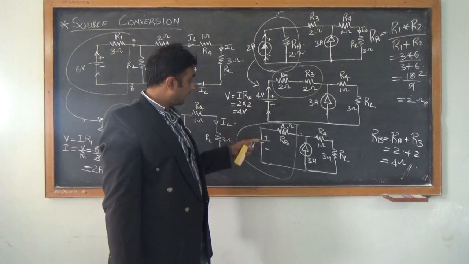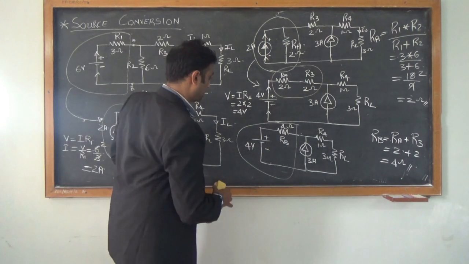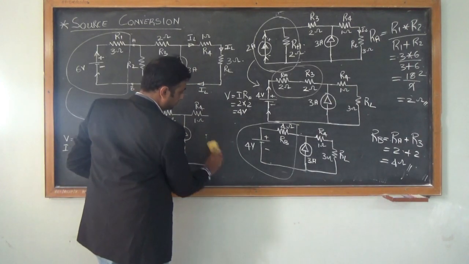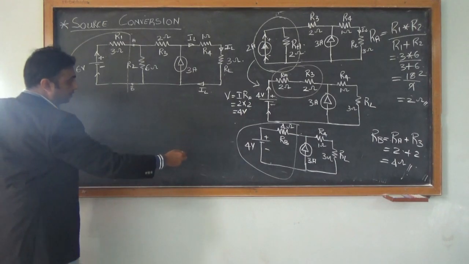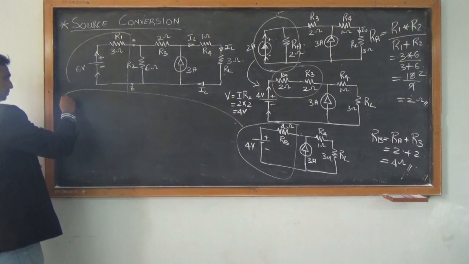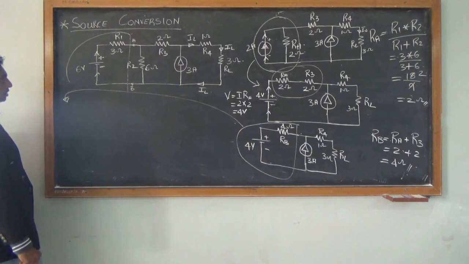So now again I'll convert this voltage source to a current source. So I'll rub this side. So converting the voltage source to a current source.